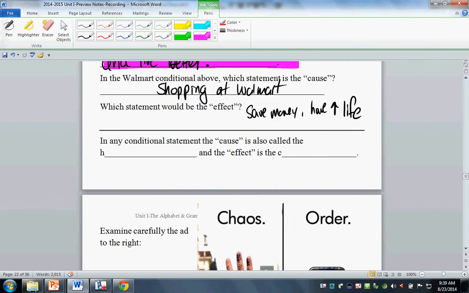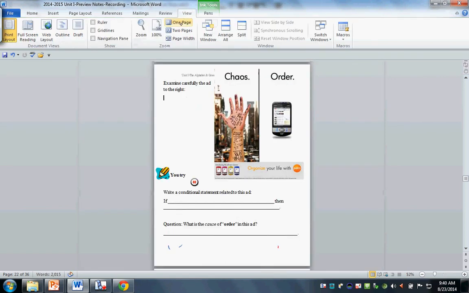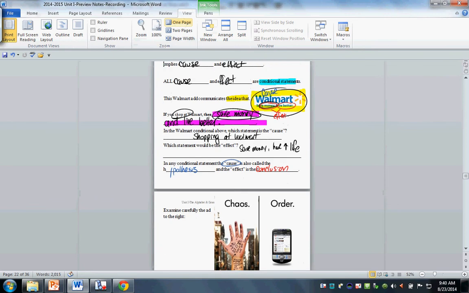When we look at cause and effect in conditional statements, the cause is called the hypothesis. The effect is called the conclusion. All advertisements, without exception, are conditionals.